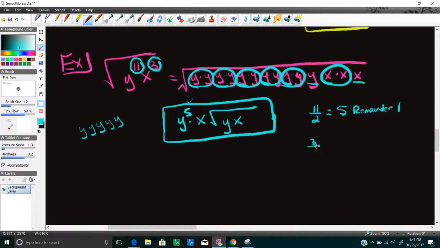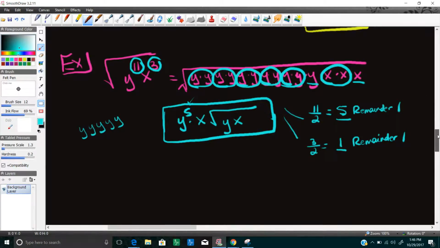I also know that 3 divided by 2 is 1 with a remainder of 1. So in order to avoid having to draw all this nonsense up here, I can just do this. My 5, there it is. My 1, it's right here, but I don't have to write it because it's just a 1. And the ones that are left over, those are the ones that go inside.